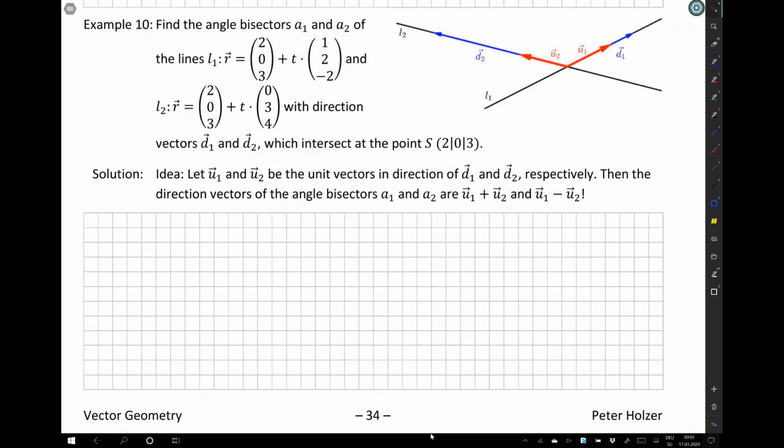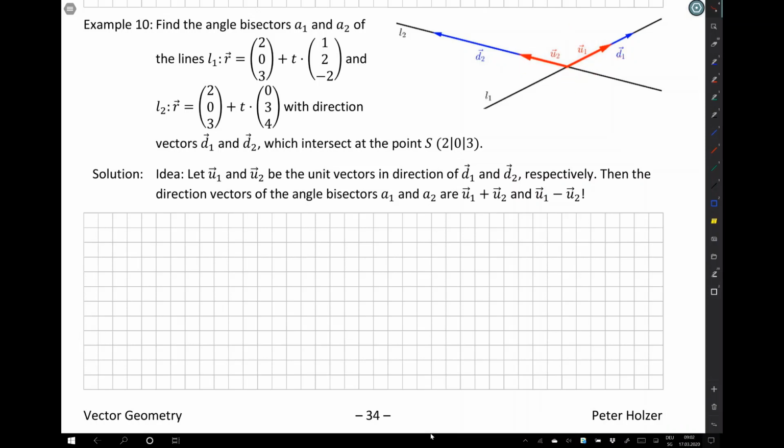Now let us look at the second example, example 10 here, the angle bisector between two intersecting lines. What we mean here by the angle bisector is the line that lies in the same plane as the two lines here. So something like this and like this.